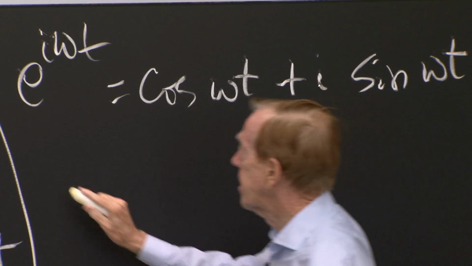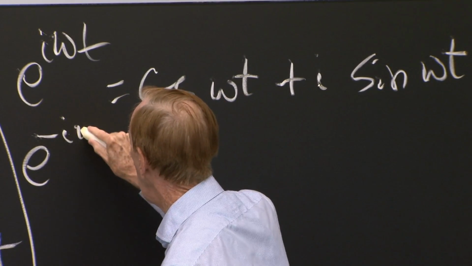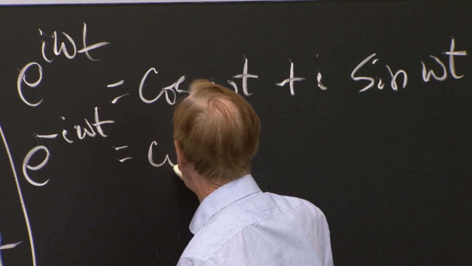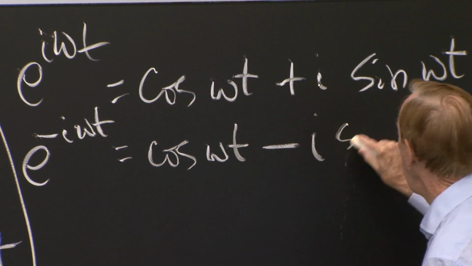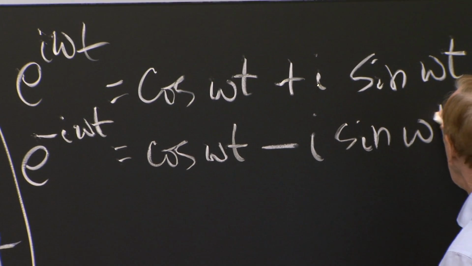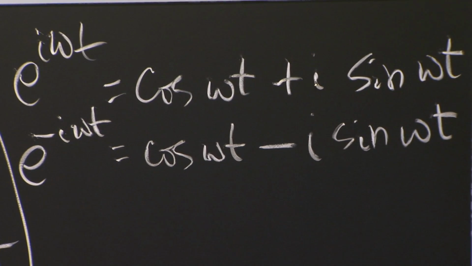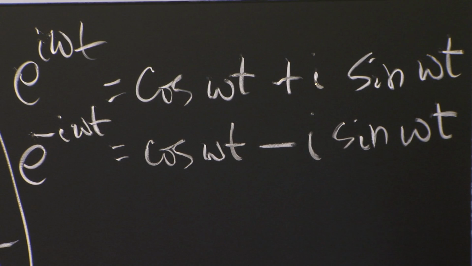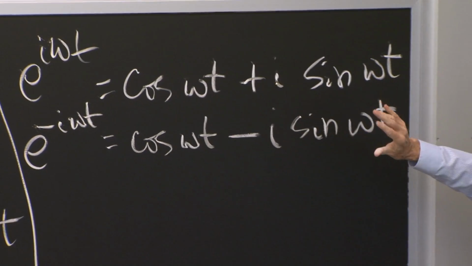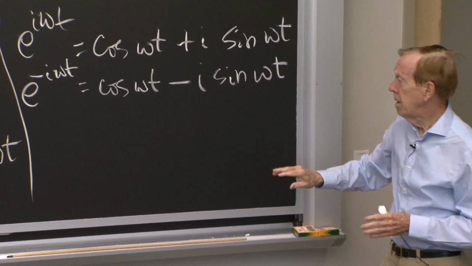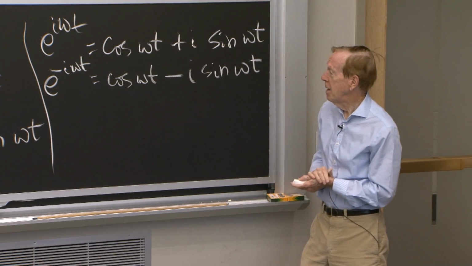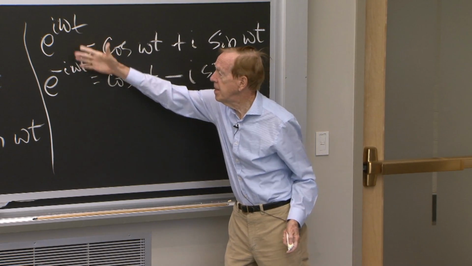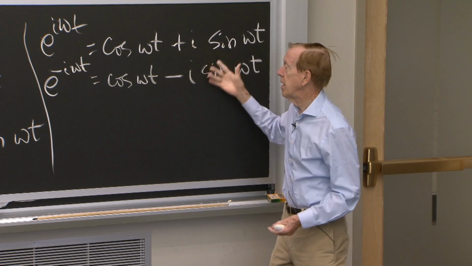And e to the minus i omega t, of course, is cos omega t minus i sine omega t. I hope you won't think I'm filling the blackboard with formulas, because they're beautiful formulas.